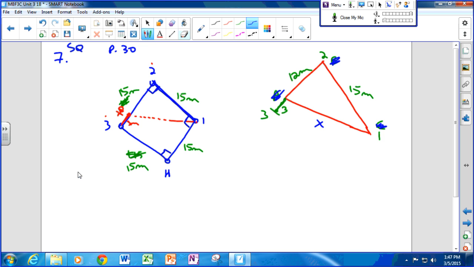Those are 15 and 15. On the original diagram, if that's the same length as that, then this angle and that angle are the same. I don't know if that helps us here. What do you think?